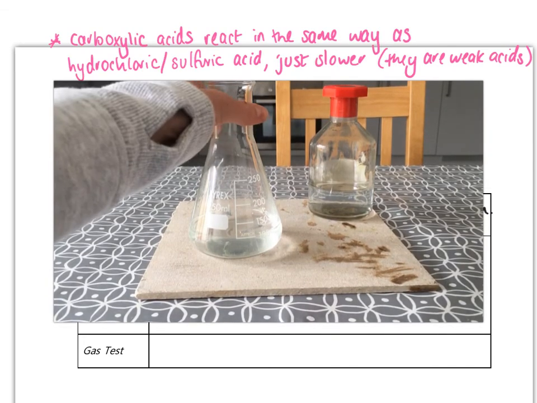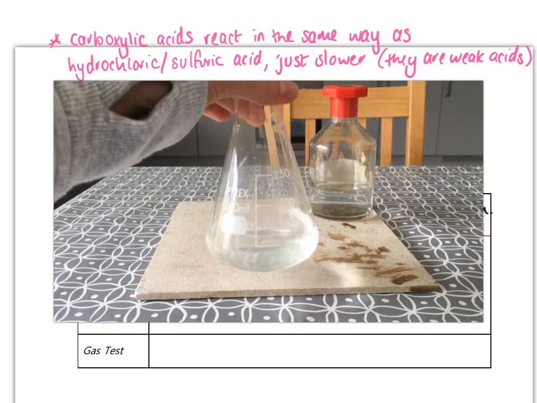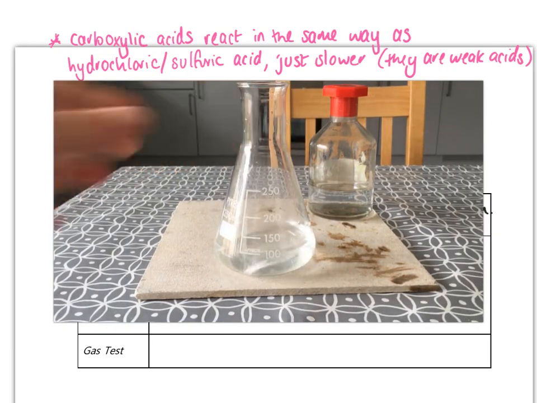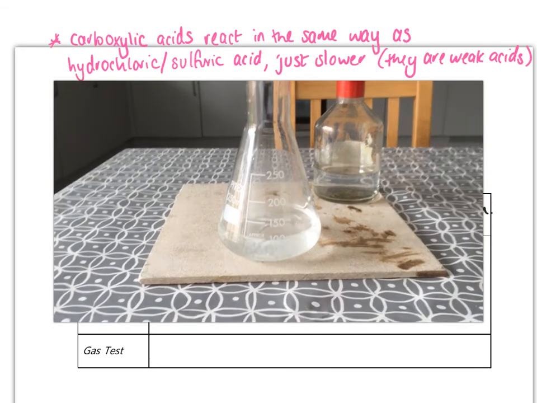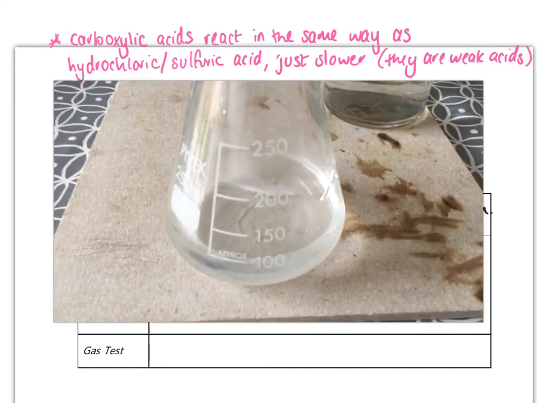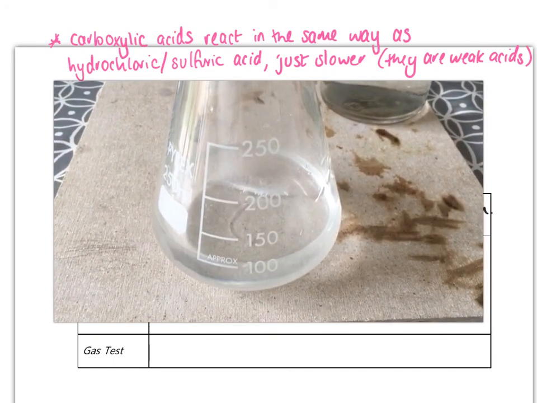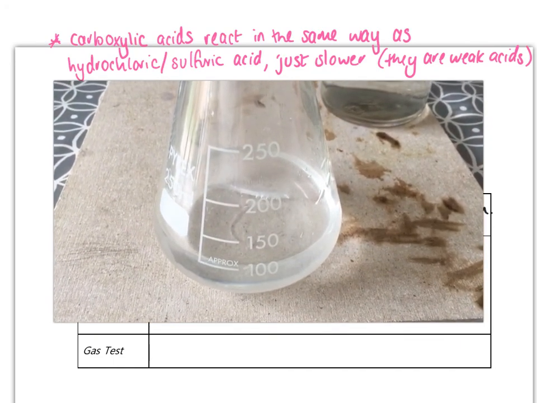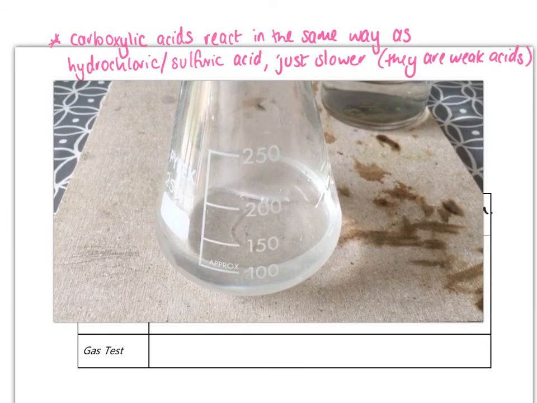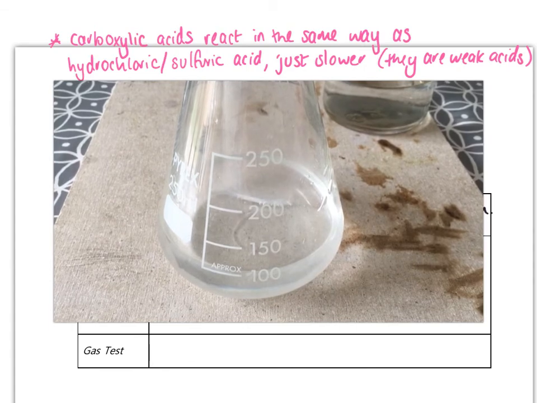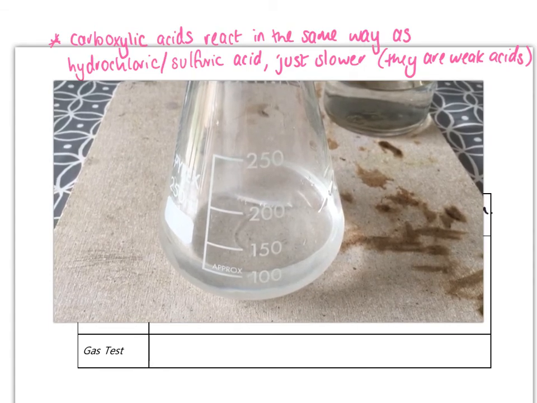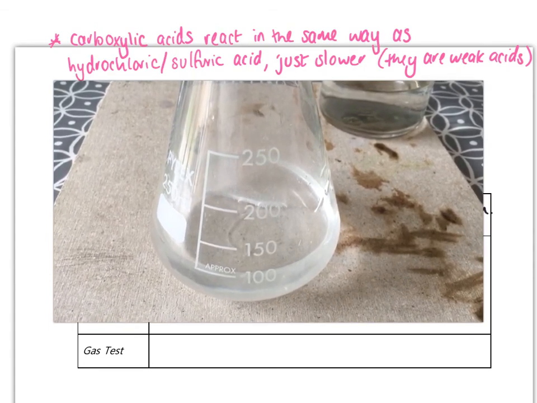So you can see it's not doing very much now, and as we said, these are weak acids, so they will react a wee bit slower than the likes of hydrochloric acid and sulfuric acid. But if you see here, you can see that we've got fizzing, so we've got a gas being produced. What is that gas? Well, it's hydrogen, of course, so we're seeing bubbles of a colourless gas, or fizzing you can just refer to.